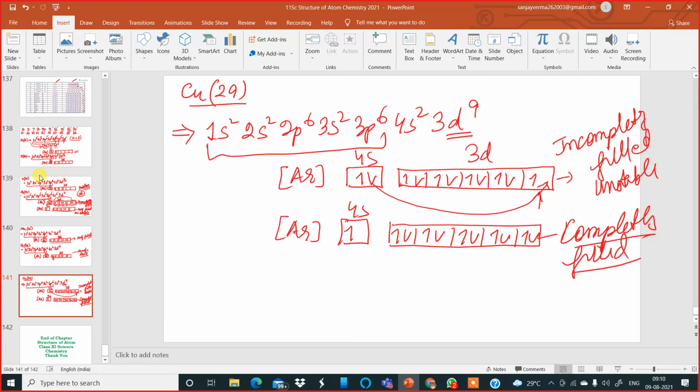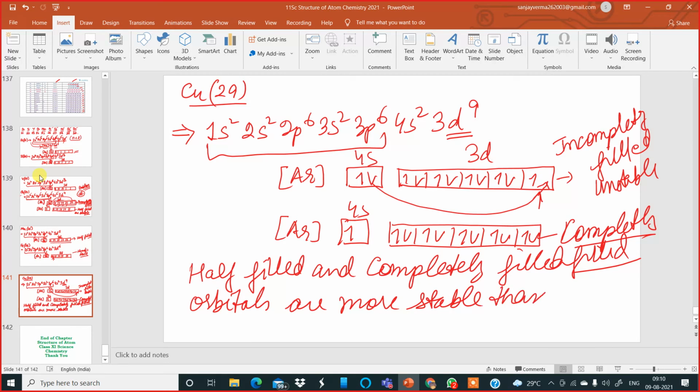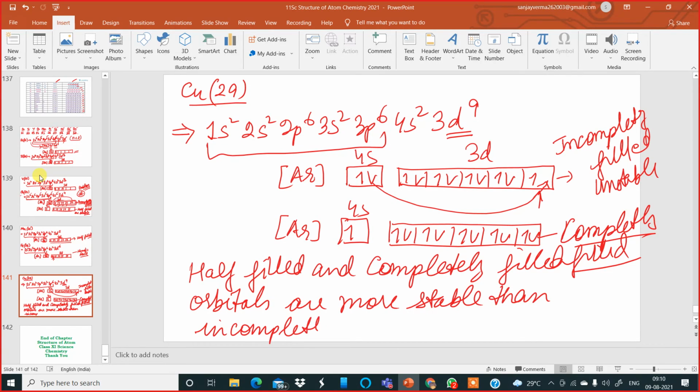So remember, half filled and completely filled orbitals are more stable than incompletely filled orbitals.